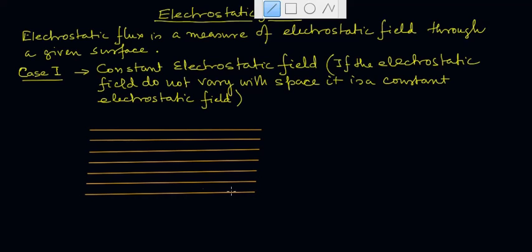At each point, if you mark the field as red, the magnitude will be like this. The length of the arrow is the same, as well as the direction of the arrow is also the same. Now if you take a surface which is perpendicular to this field, let's take a surface.